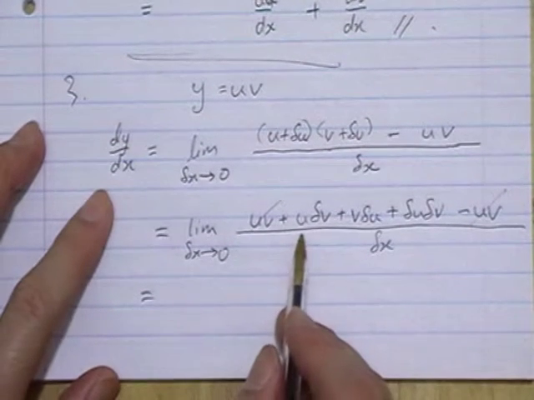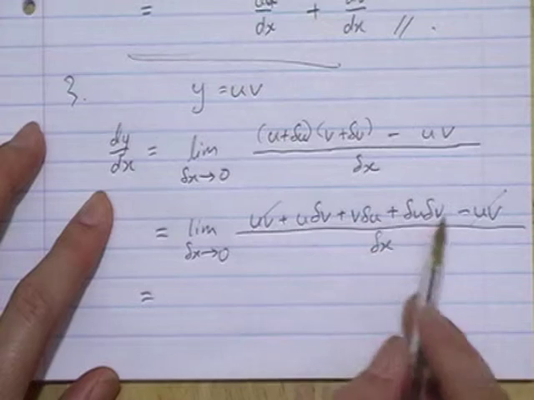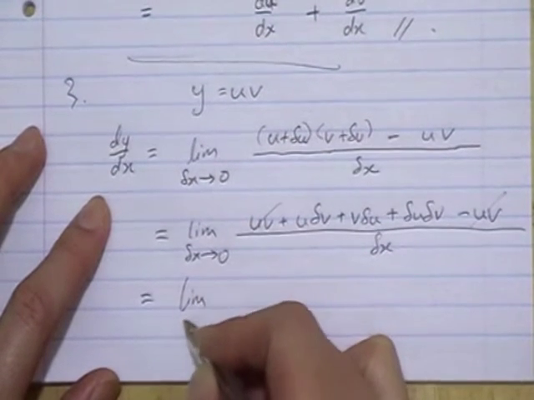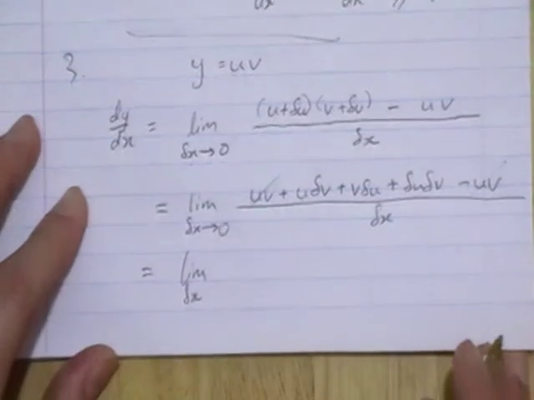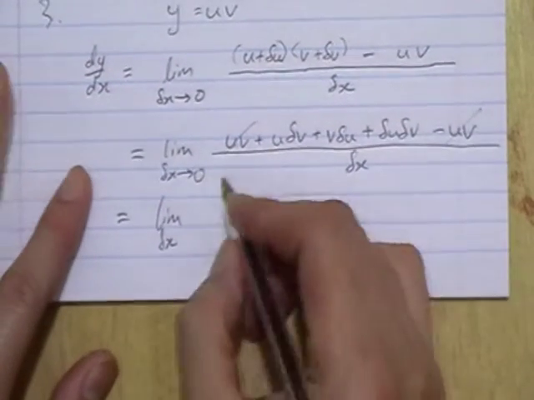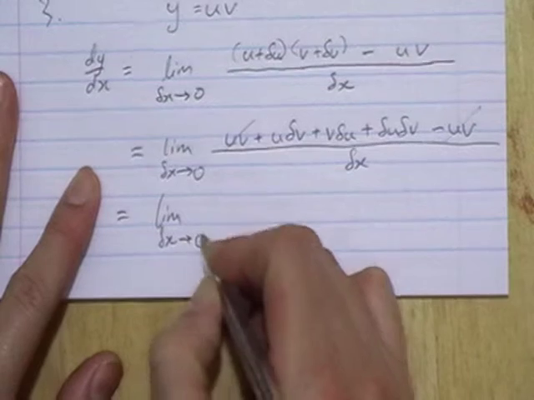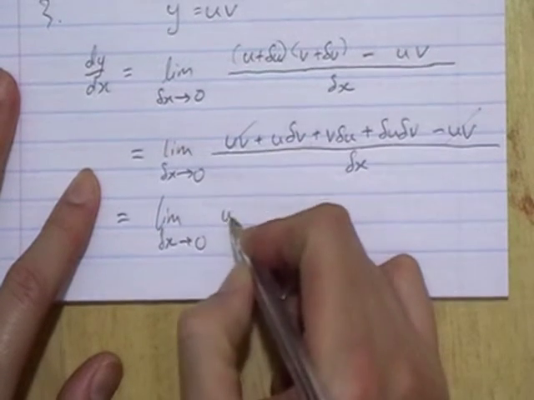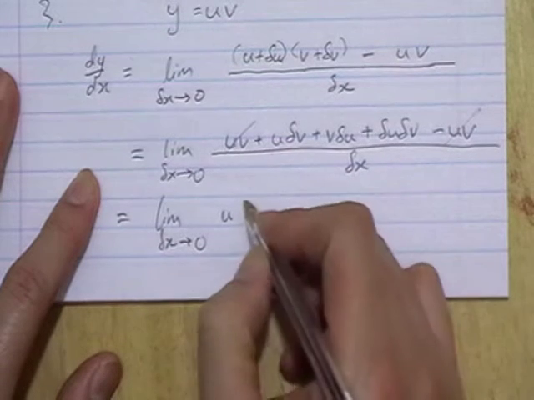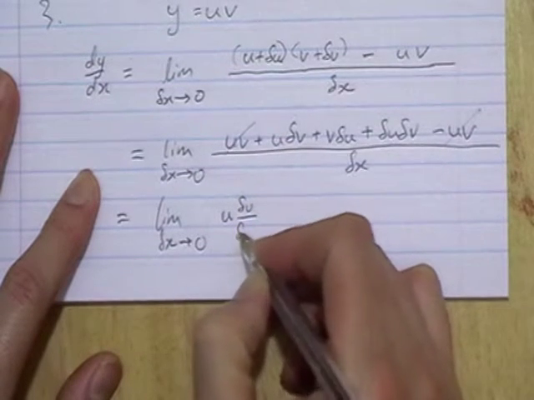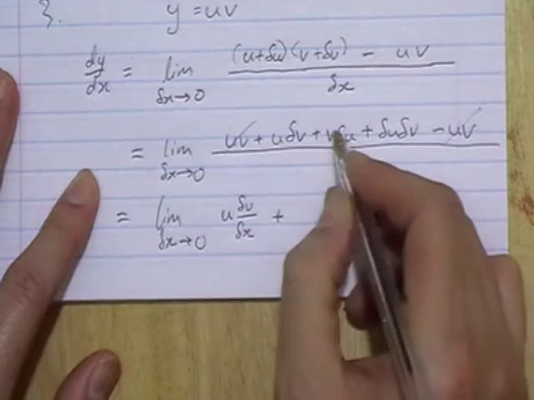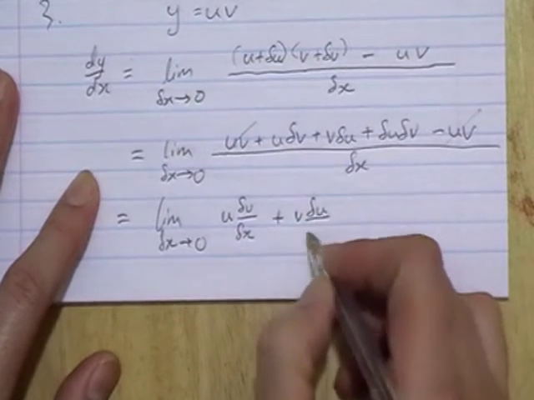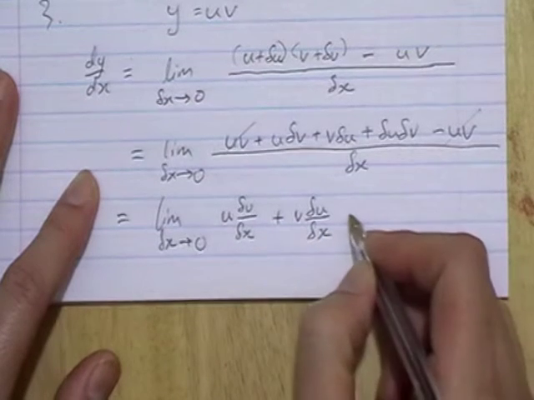Let me separate those into 3 fractions. This would be u delta v over delta x. That would be v delta u over delta x.